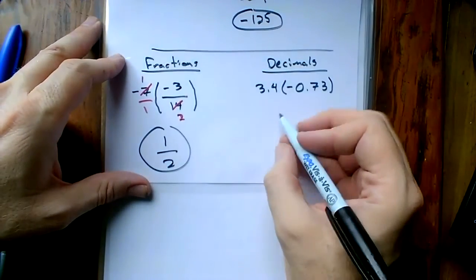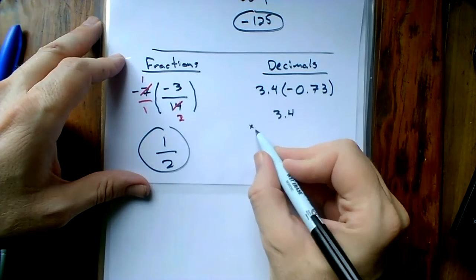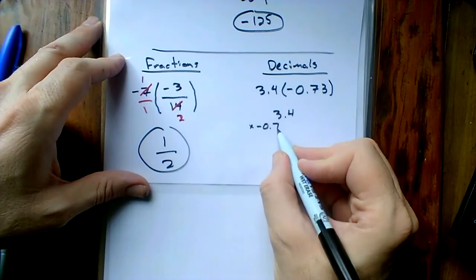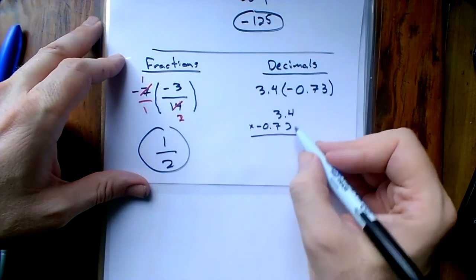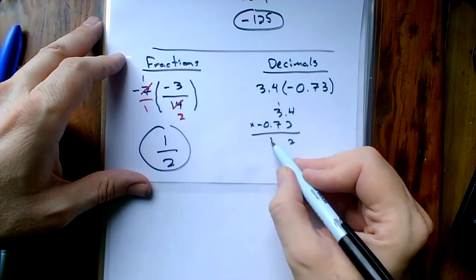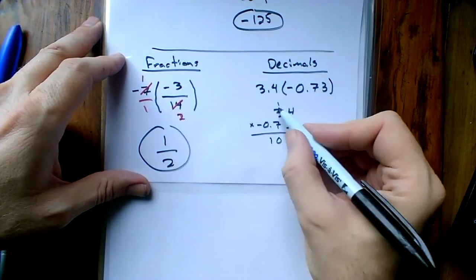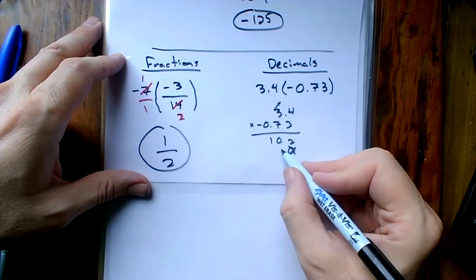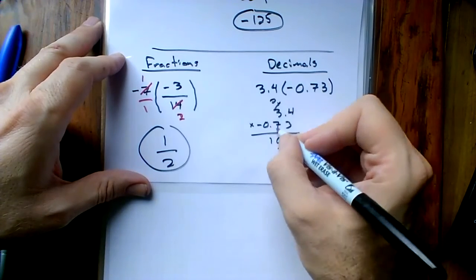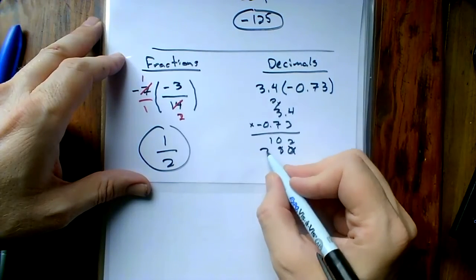Let's do 3.4 multiplying negative 0.73. I'd count up my total number of decimal places. I'll have a placeholder here for my 7. 7 times 4 is going to be 28. 7 times 3 is 21, plus 2 is going to be 23.